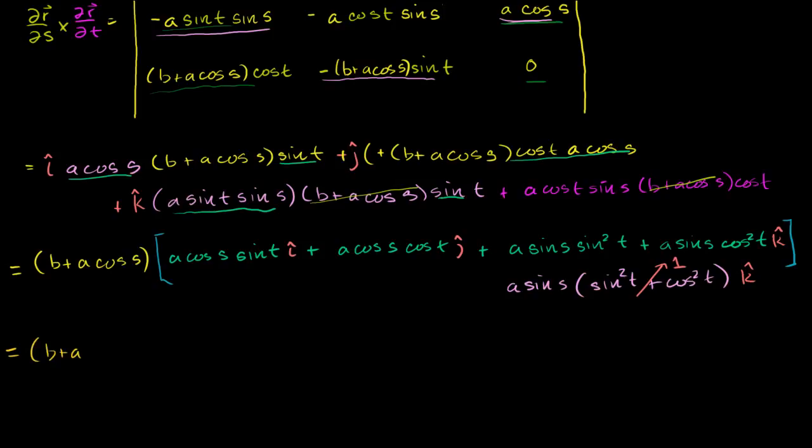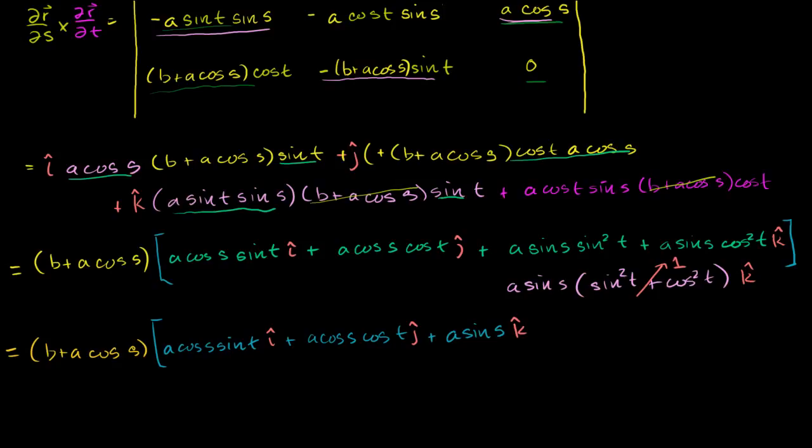That's equal to b plus a cosine of s times, open bracket, a cosine of s sine of t times i, plus a cosine of s cosine of t times j, plus, this simplified nicely, a sine of s times the unit vector k.